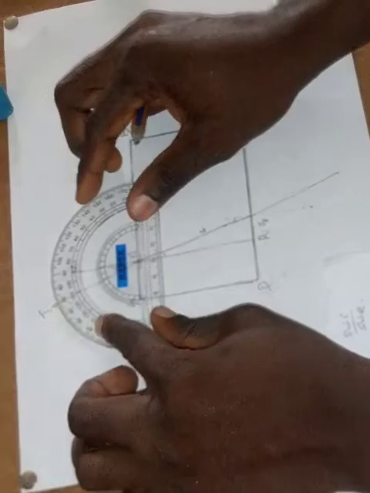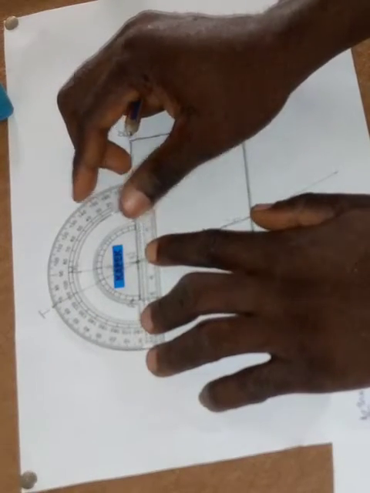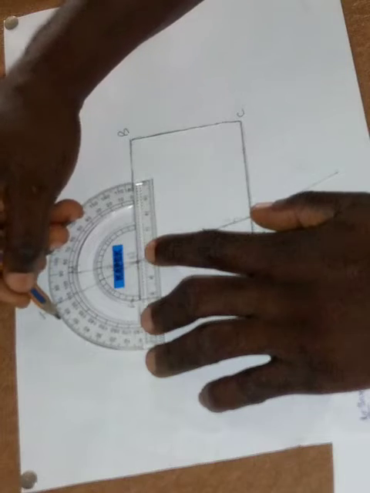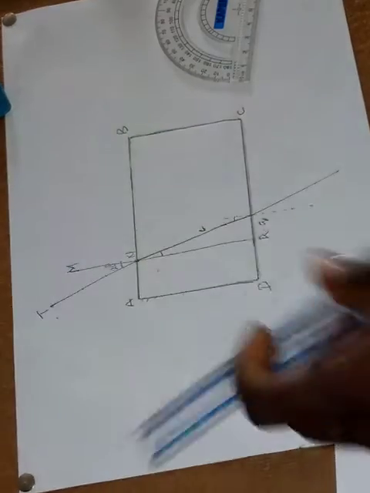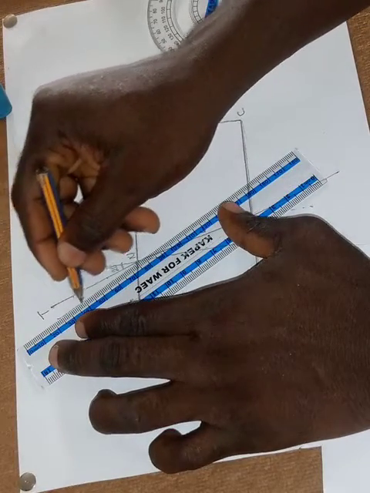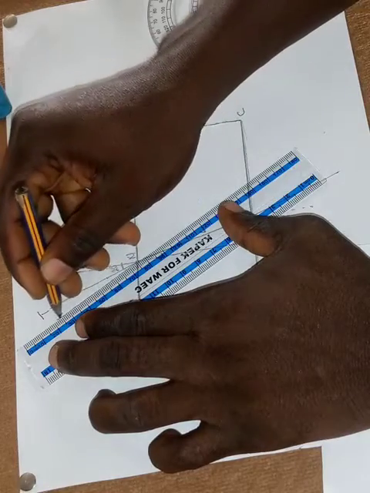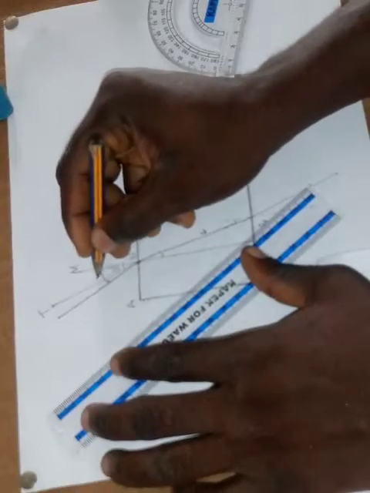I'll place my protractor here. I'm going to get 30 degrees away from 60. So I'll join this. So this angle is 30 degrees.